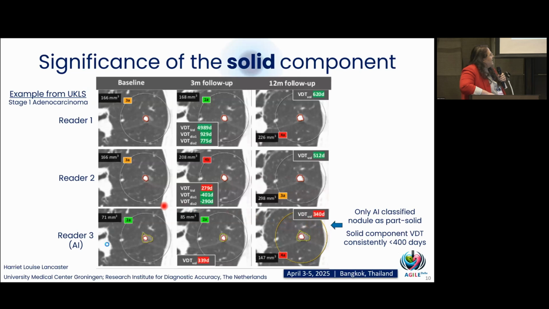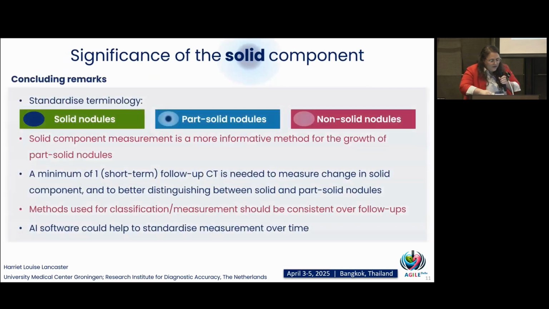And the AI said, no, wait, this is a part solid nodule with a solid component that from baseline to 3 months is less than 400, so positive, and from 3 months to 12 months, still positive, still growing rapidly. So you can argue in this case that the AI was the one that classified this nodule correctly, as this turned out to be the adenocarcinoma.